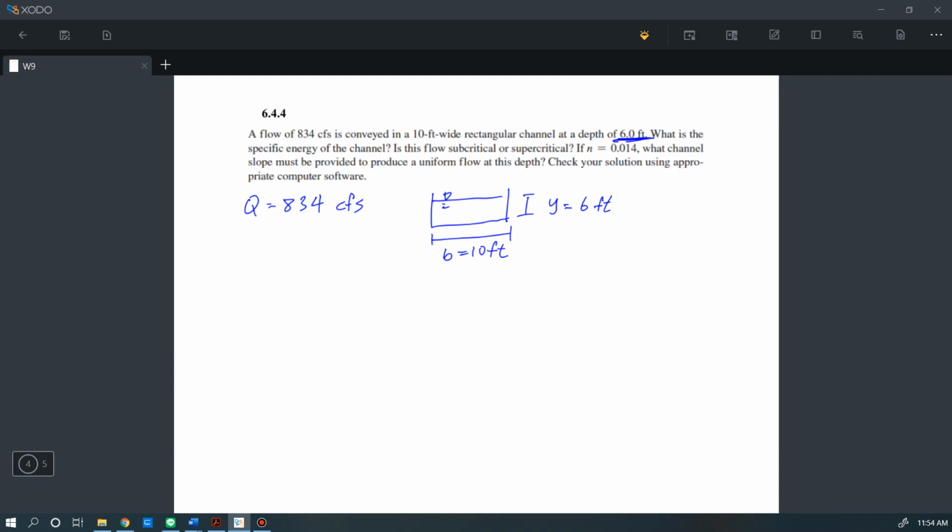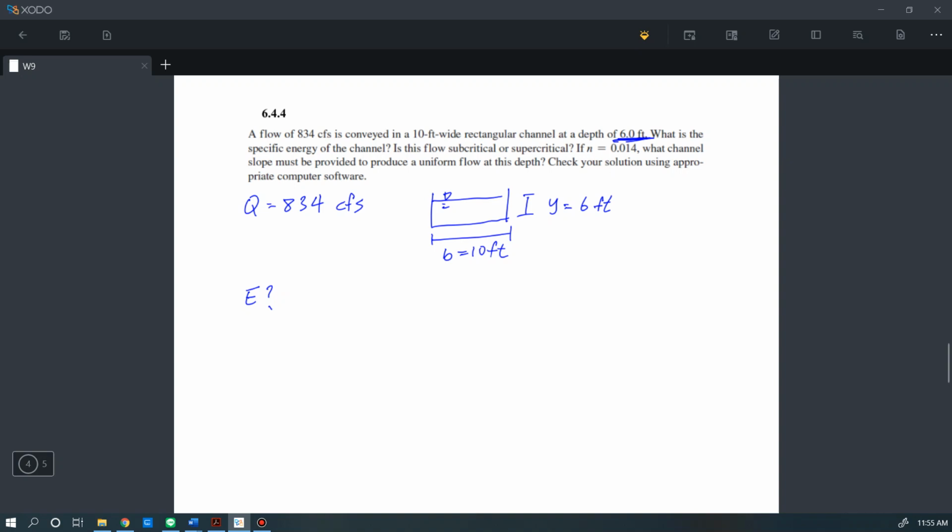The question asks, what is the specific energy? So we want to solve for the specific energy of the channel. And the second question is: is this flow subcritical or supercritical?